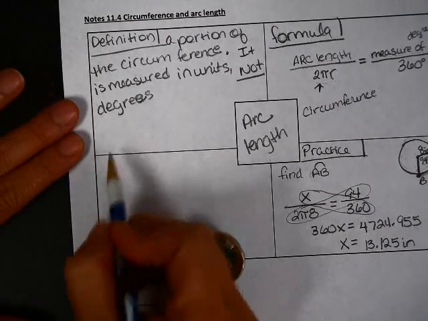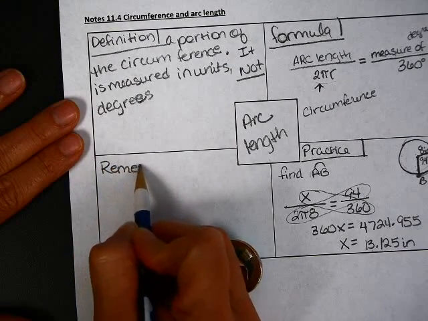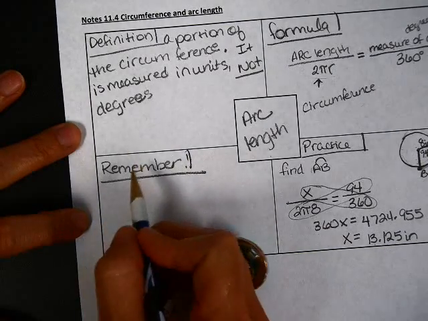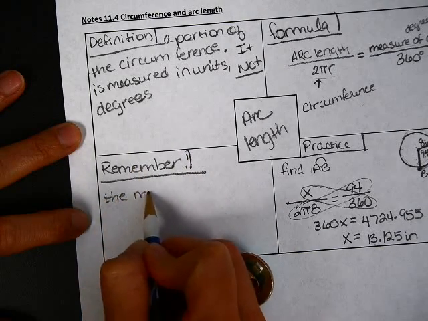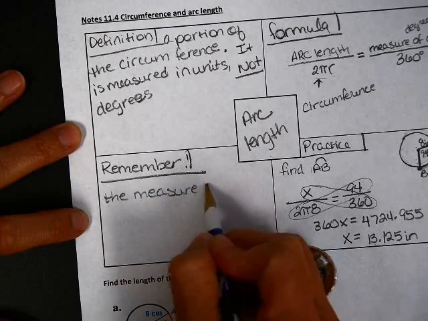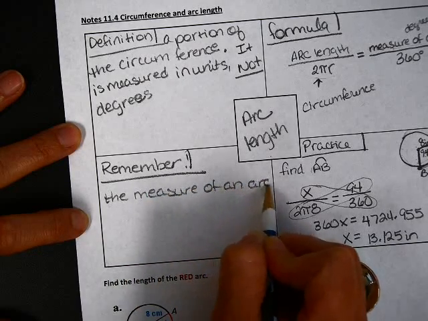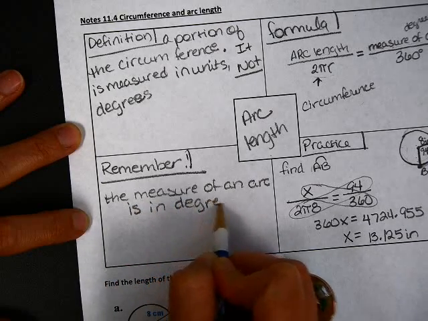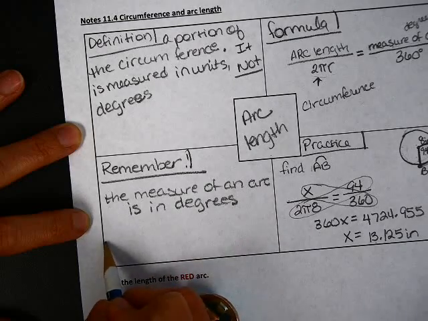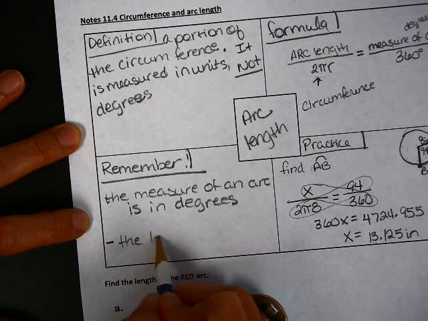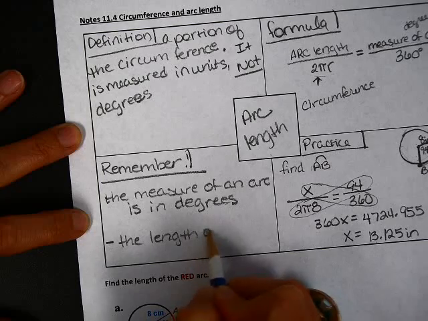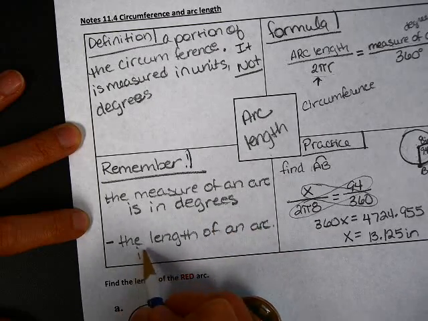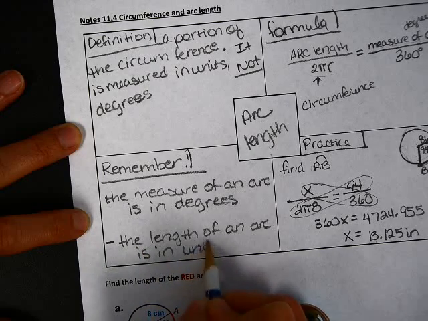All right, so now this is important to remember. Remember that the measure of an arc is in degrees, but the length of an arc is in units.